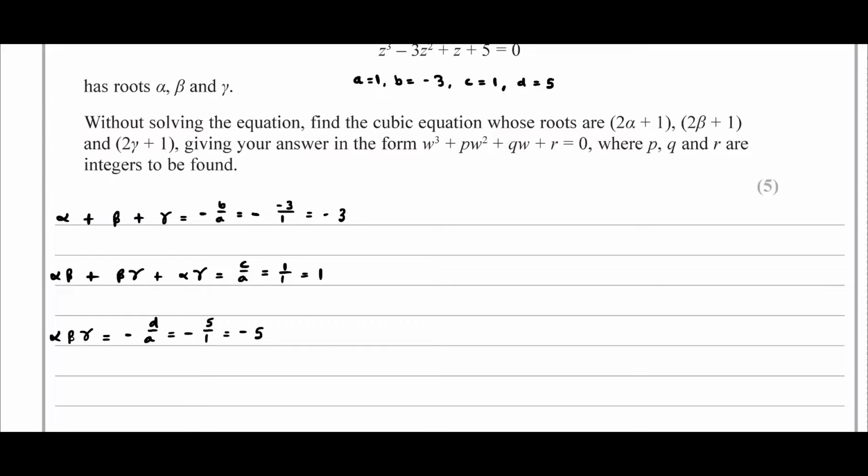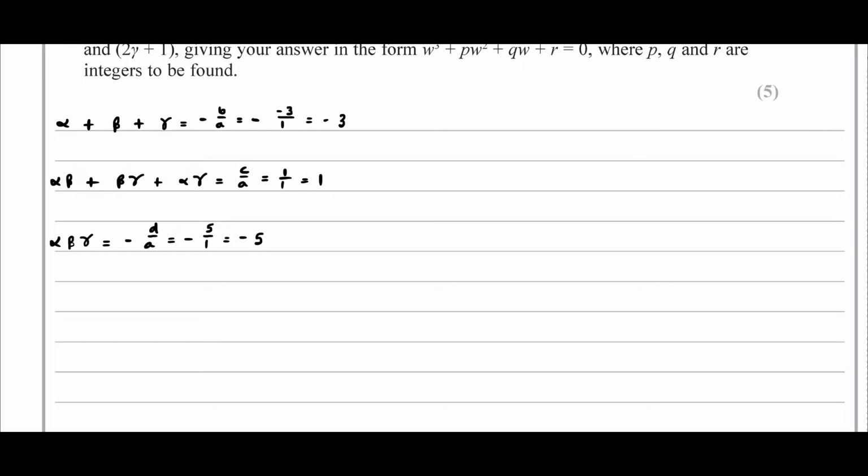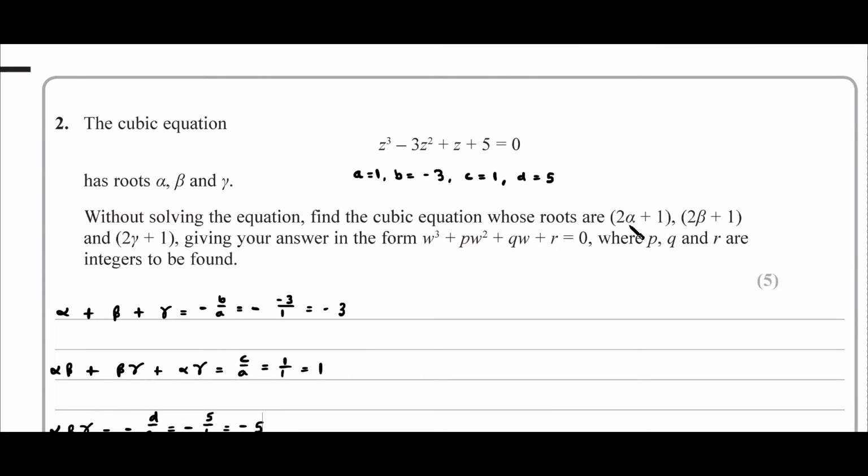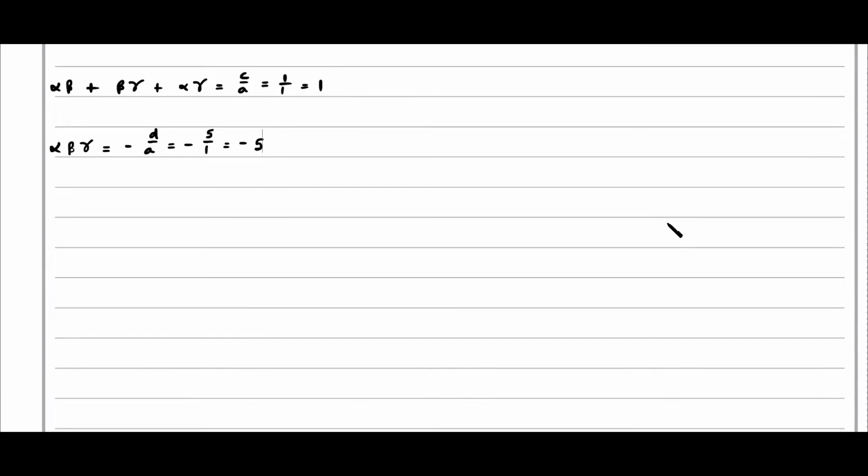So knowing the values of the sum, the pair sum, and the product, we can now find the sum with these new roots, the pair sum with these roots, and the product with these roots. So if we consider the sum, it will equal 2 alpha plus 1 plus 2 beta plus 1 plus 2 gamma plus 1.